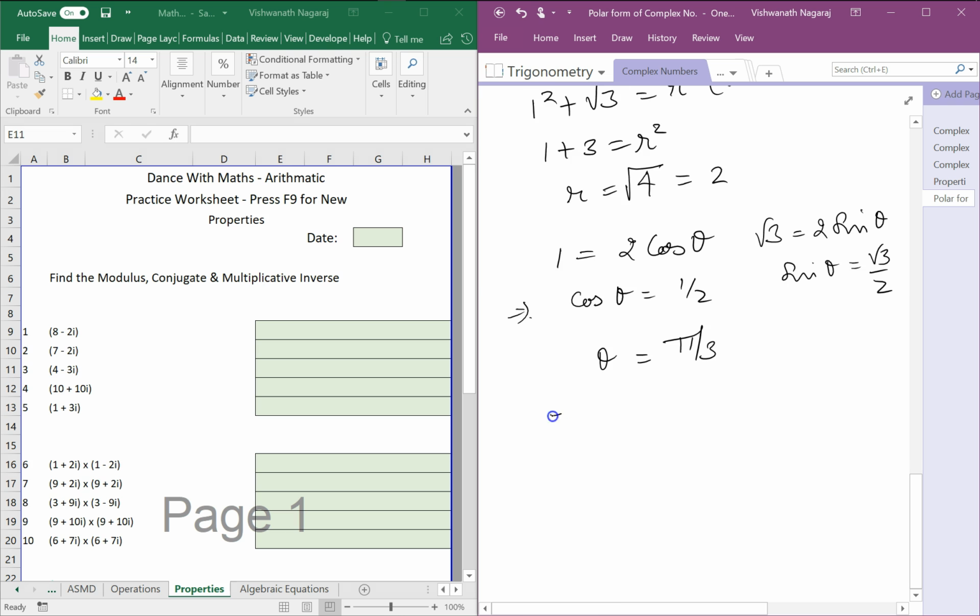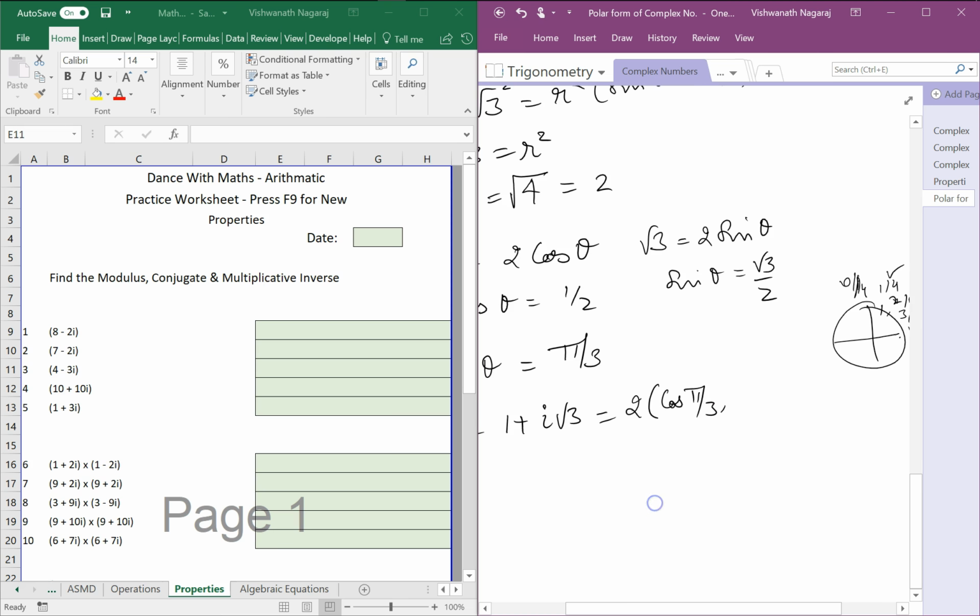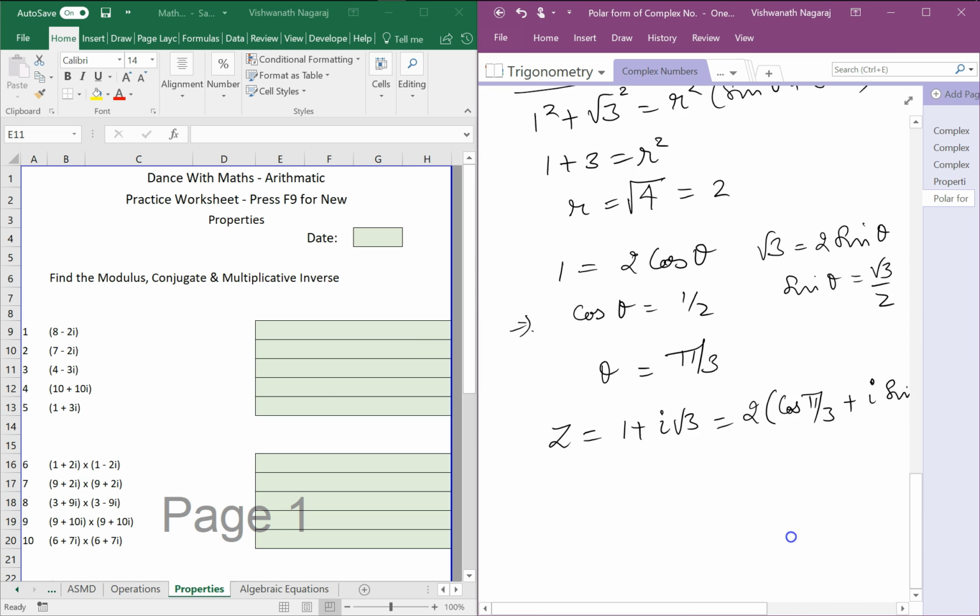So our polar form of this is r, which is 2, times cos pi by 3 plus i sine pi by 3. So this is the polar form.